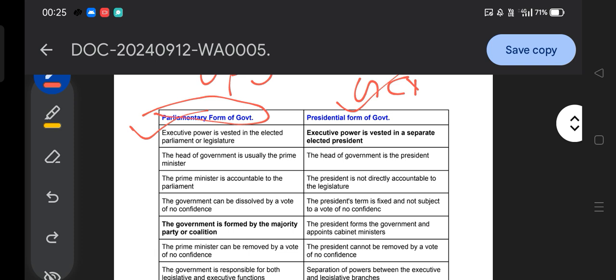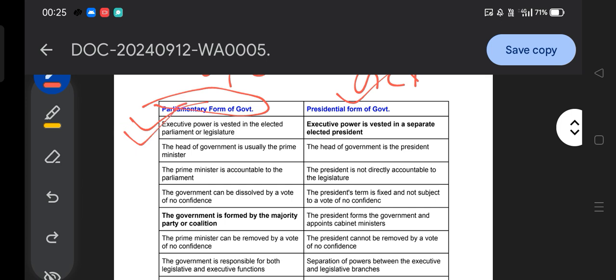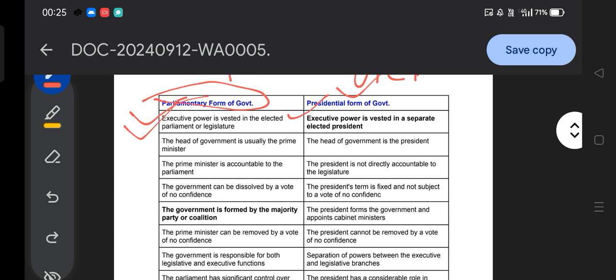But in the parliamentary form of government, the executive body is created from within the legislature. Unlike that, in the presidential form, executive power is vested in a separate elected president. Getting my point? Then the head of the government is the president.